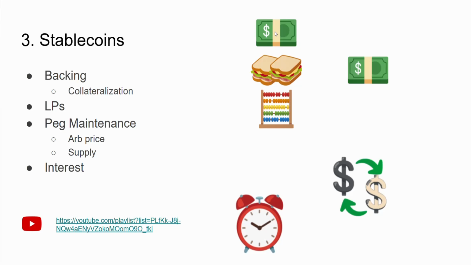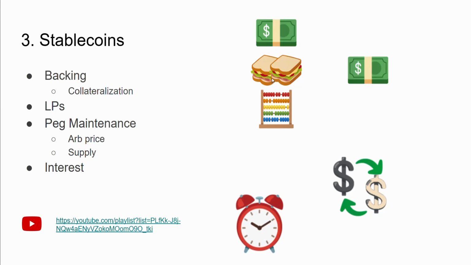So maybe they hold bonds or they hold actual US dollars in a bank account, and they mint stablecoins onto the blockchain. Other collateralizations could be like sandwiches. Oh, I use my sandwiches as collateralization and I mint a stablecoin. There's a lot of these in the market. And you have to consider the value of this backing when you're thinking of using this stablecoin.